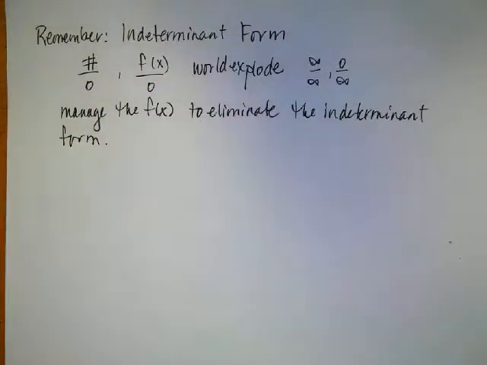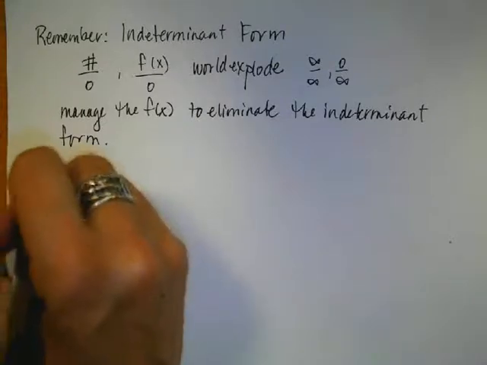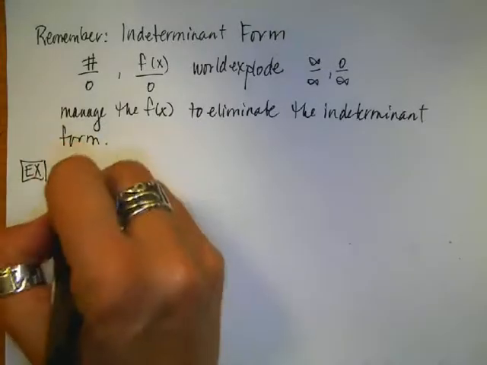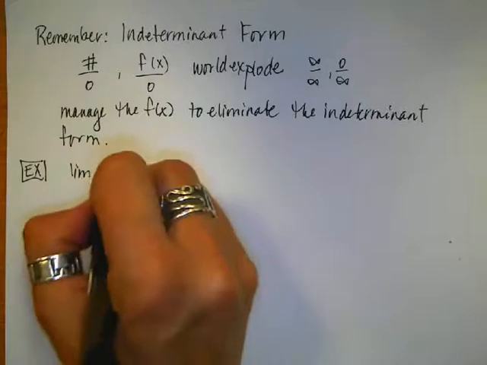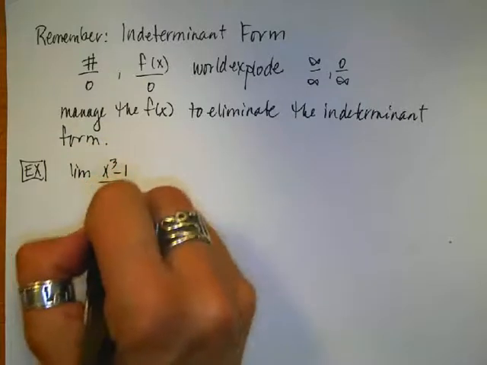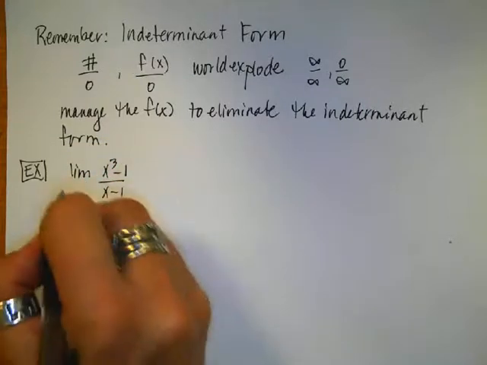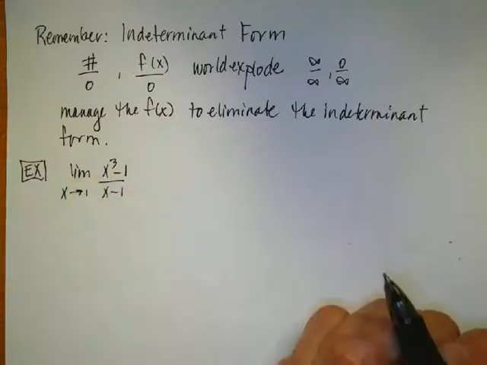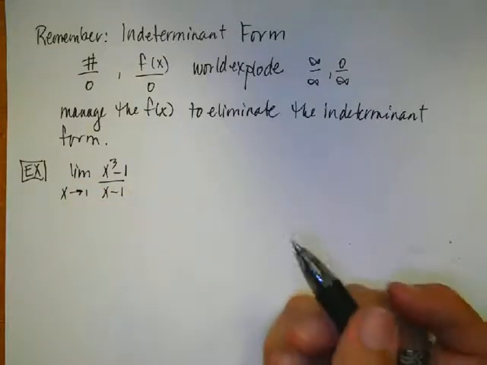So let's do an example. This one is the limit of x cubed minus 1 over x minus 1 as x approaches 1. We've done this one already, but I just want to remind you that this creates the indeterminate form.